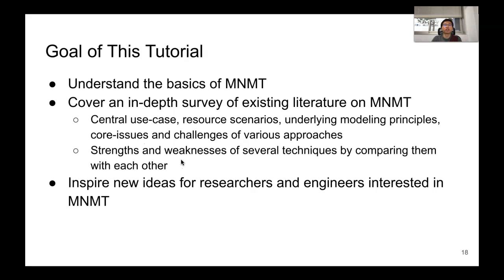We're also going to discuss the strengths and weaknesses of several techniques by comparing them with each other. Finally, we hope that our tutorial can inspire new ideas for both researchers and engineers who are interested in MLMT.